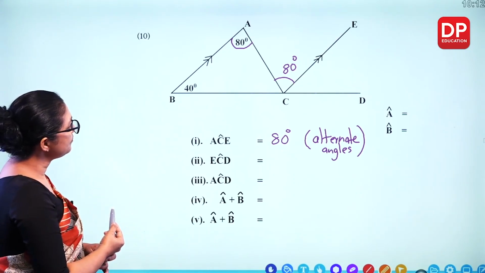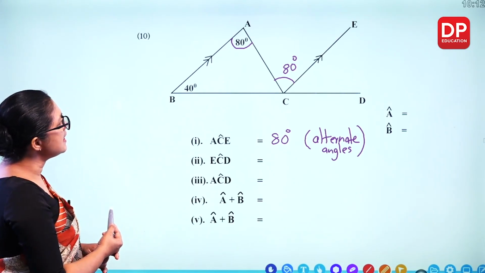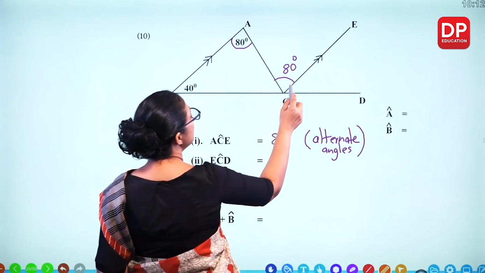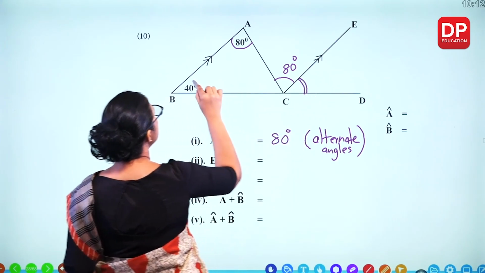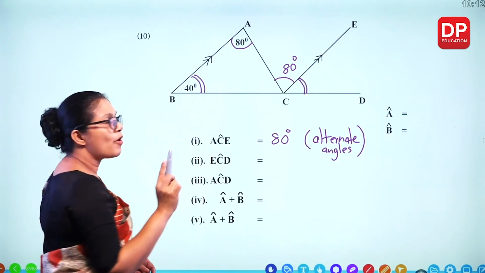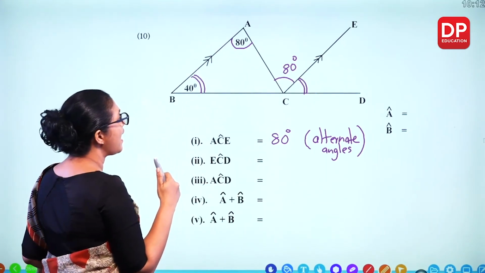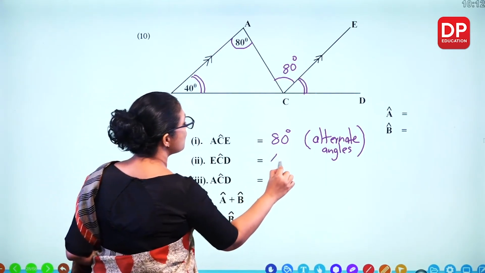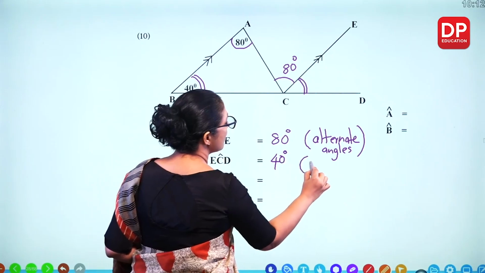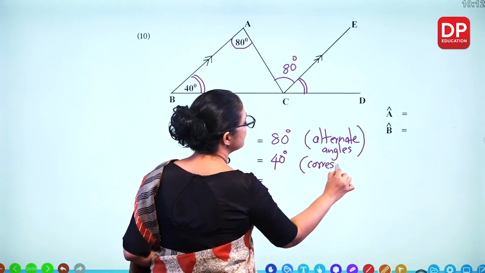Then ECD, this angle, this and this, corresponding angles. These two lines are parallel, so corresponding angles are equal. So this is 40 degrees, corresponding angle.